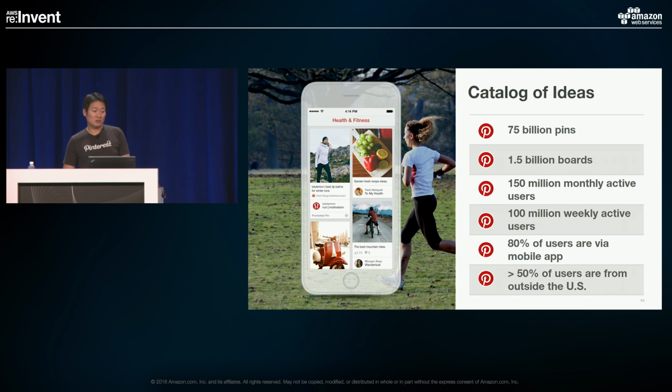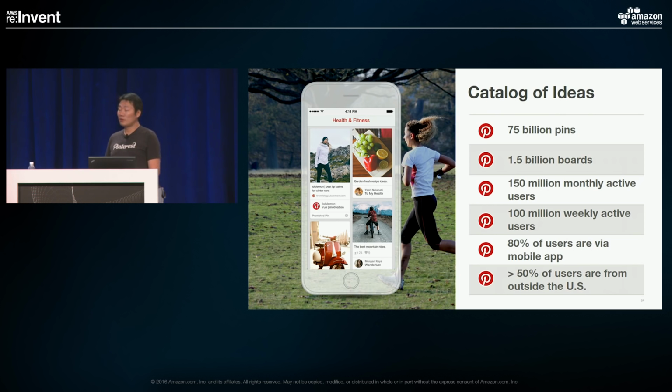Users use the Pinterest website or apps to share and discover various ideas of their interests, and often get inspired by amazing ideas to do something awesome in their real lives. And recently, we achieved 100 million weekly active users, and half of them are from outside of the United States. So these are very big milestones for us.